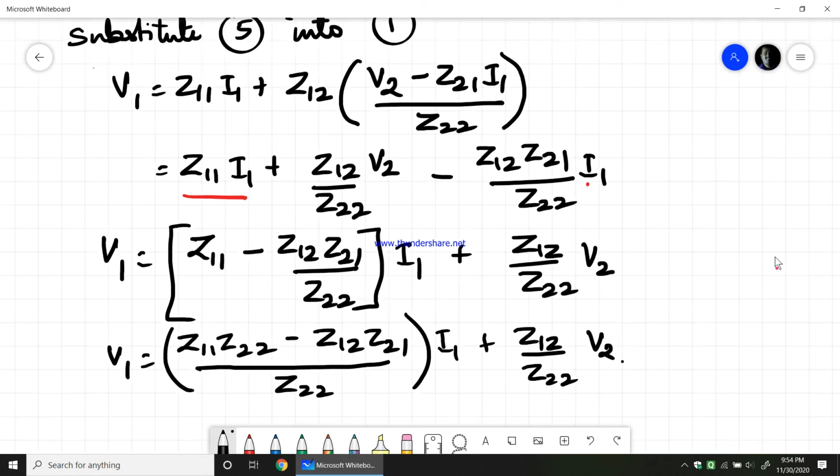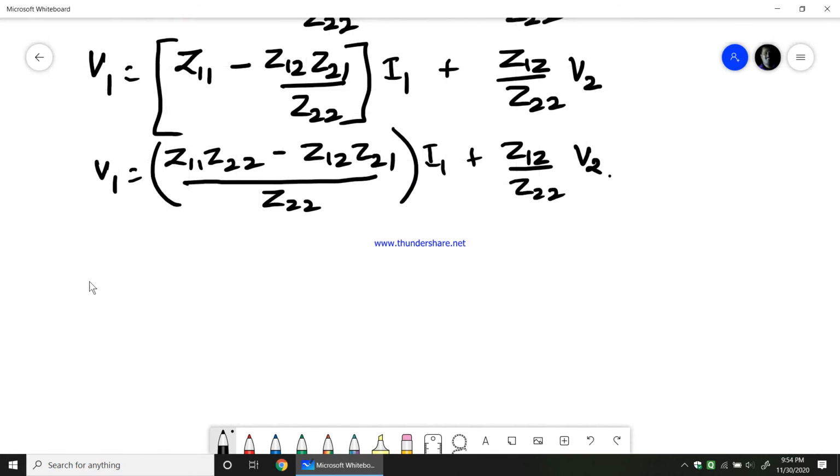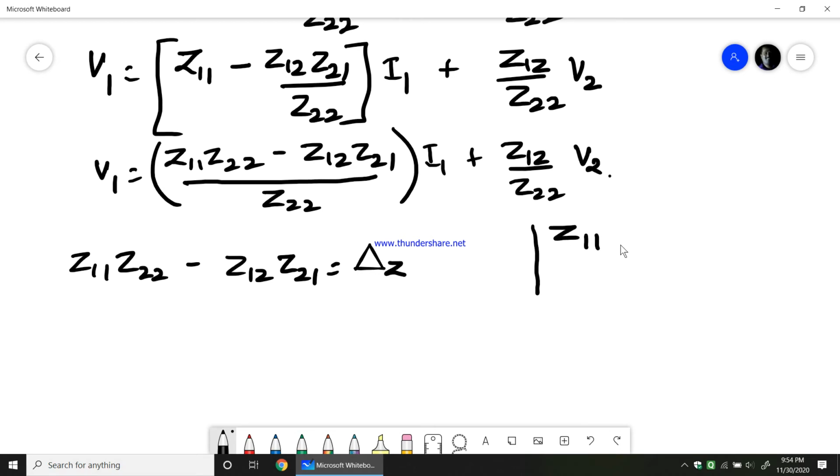So therefore this Z11 Z22 minus Z12 Z21 can be written as delta Z. So delta is nothing but the determinant. Now if I write Z parameters in terms of a matrix, I will write Z11, Z12, Z21, Z22.